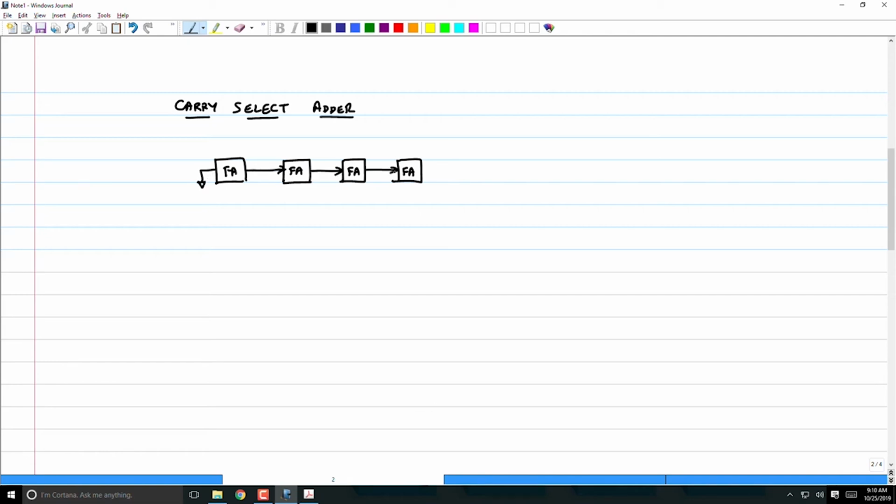This will go like this. Then I have another full adder. Maybe I should put it like this. Here you connect it to VDD.